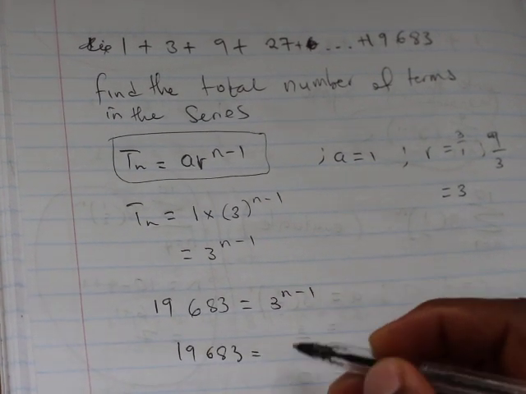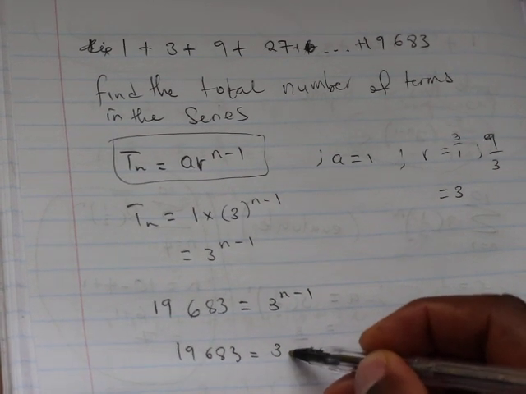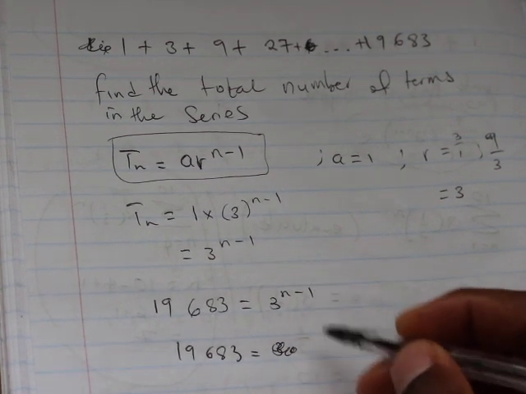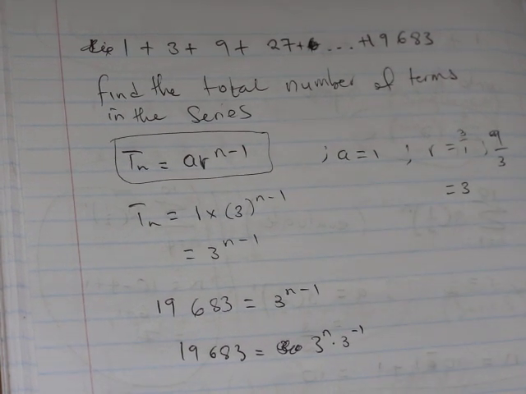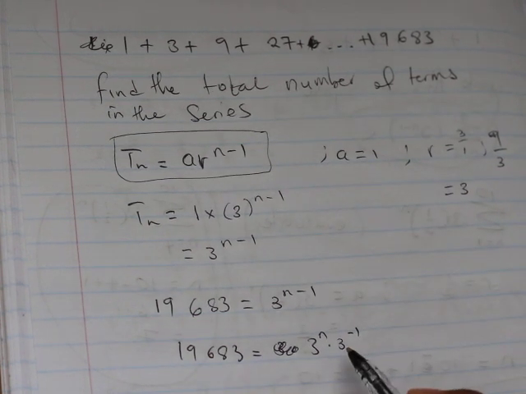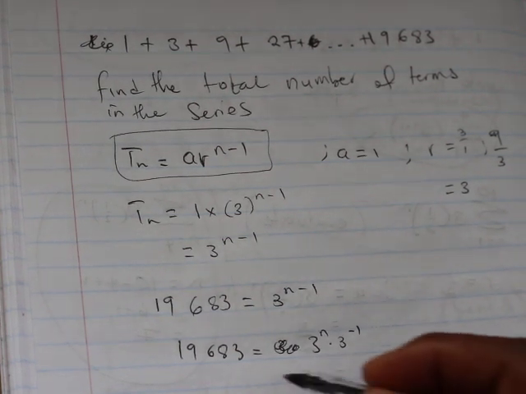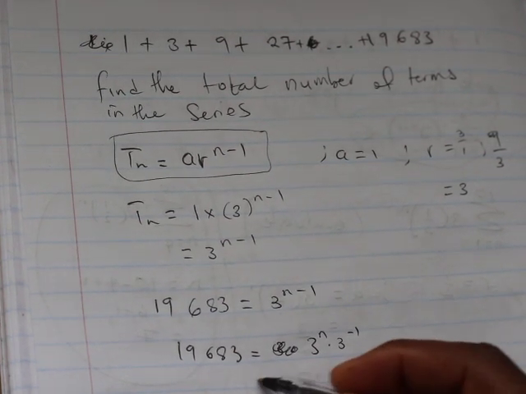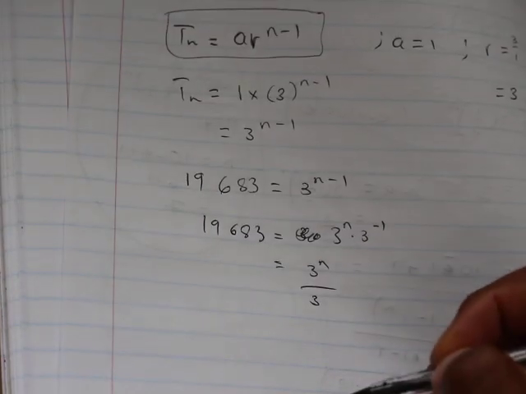19,683 is equal to, we split this. Remember, 3 to the n minus 1 is the same as 3 to the n by 3 to the negative 1, which is the same as 3 to the n over 3.